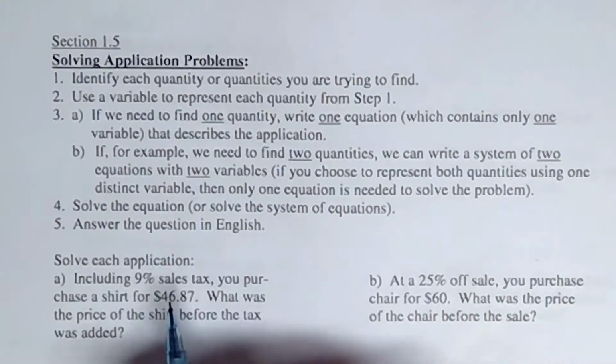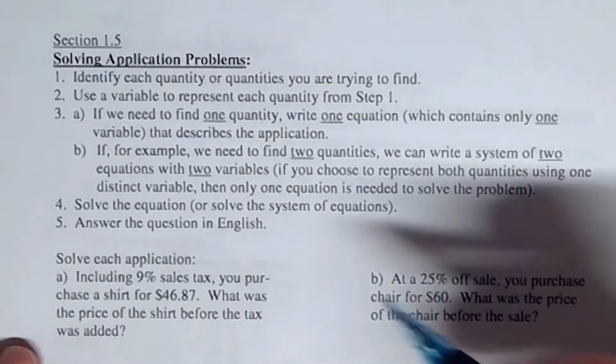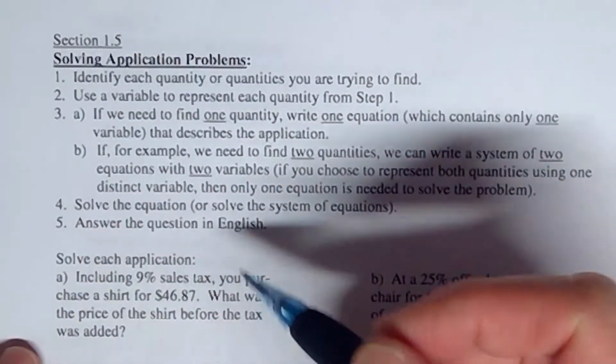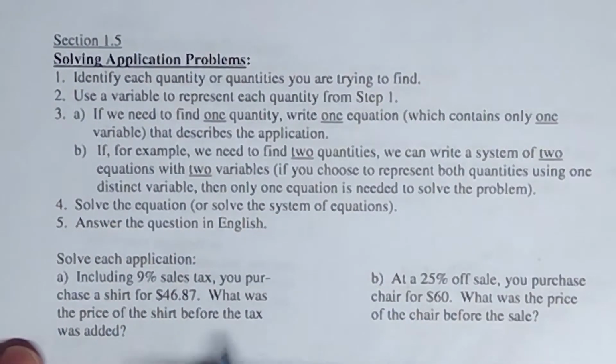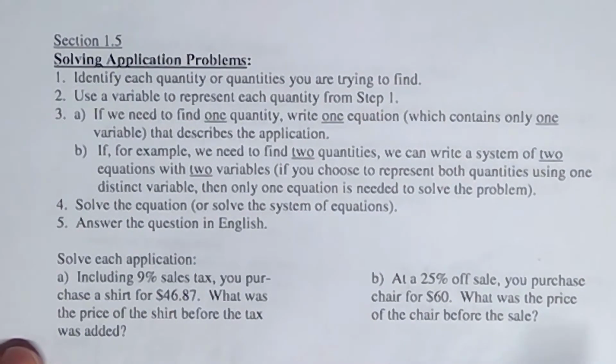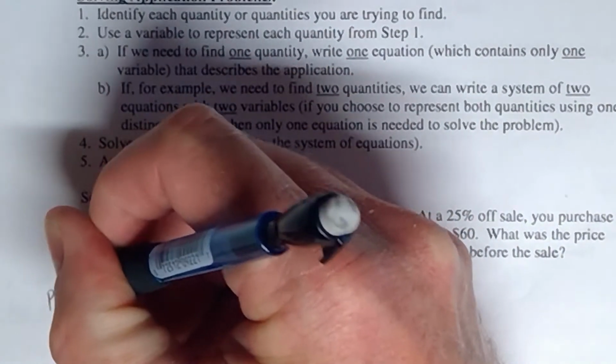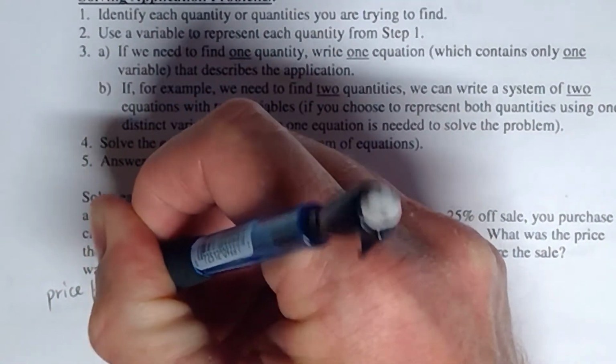So let's first of all talk about what we need to do first. We always need to do step 1 first, which is identify what you're trying to find. It says here, what was the price before the tax was added? Let's go and write that down. The price before.